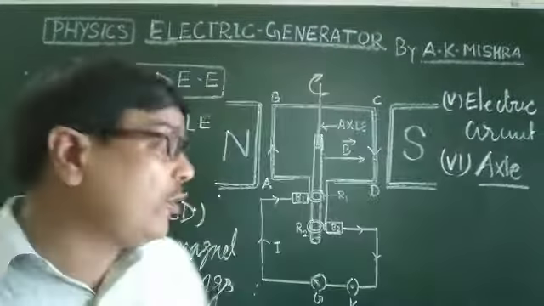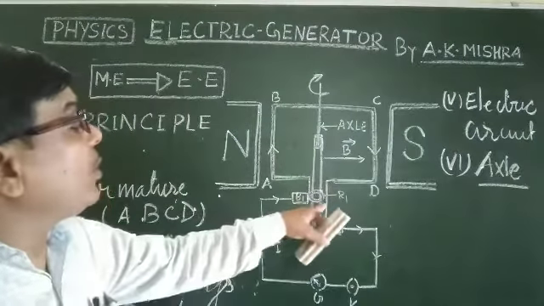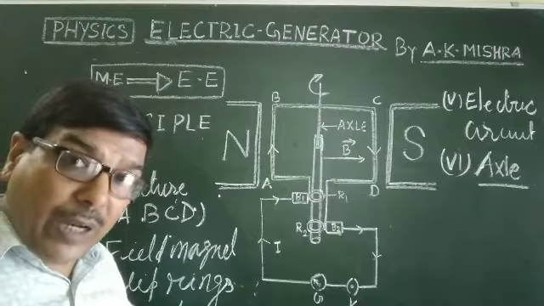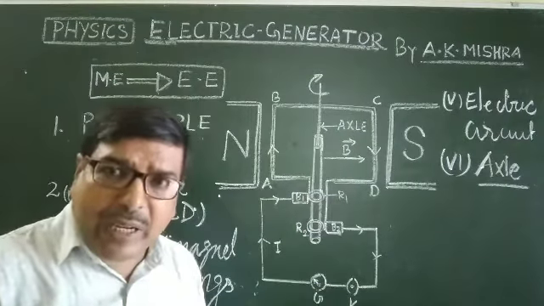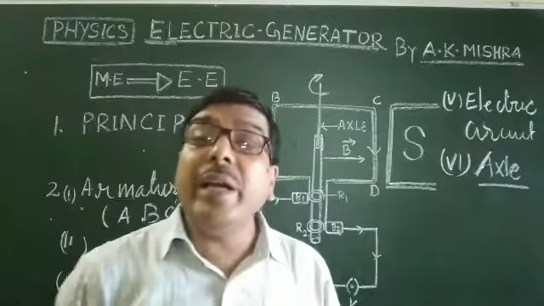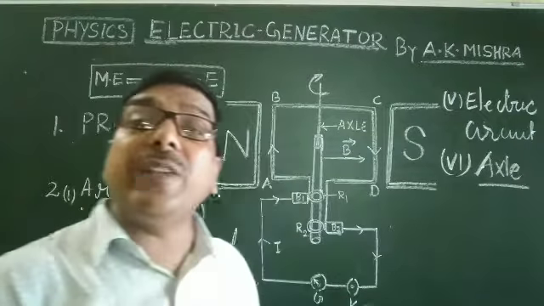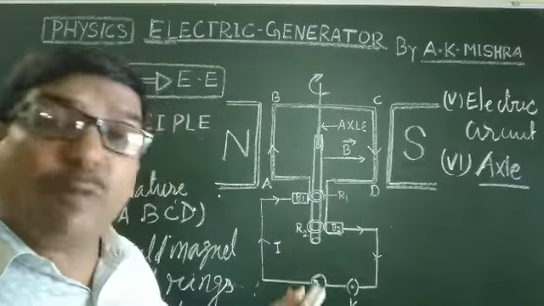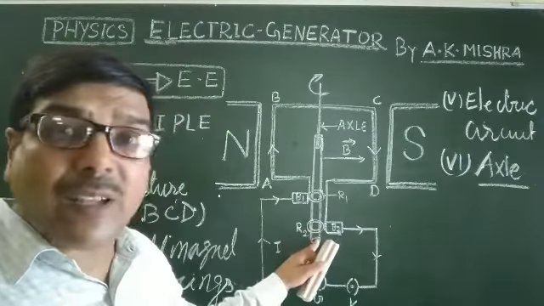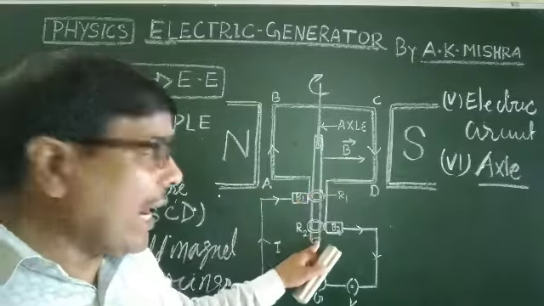What is the function of slip rings? Slip rings are metallic rings in the shape of rings, that's why they are known as slip rings, and they are attached with the axle.